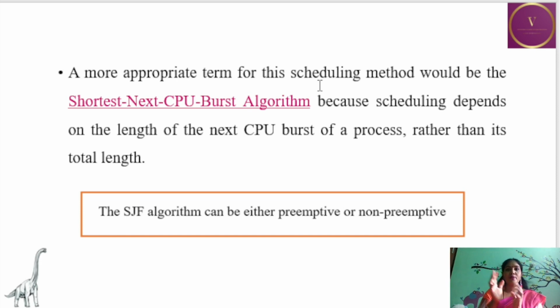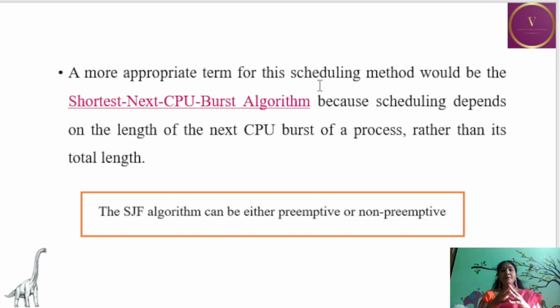So the more appropriate name for the SJF scheduling algorithm would be the shortest next CPU burst algorithm. But in all the books and in all the places, this algorithm is referred to as the shortest job first scheduling algorithm. It would be more appropriate if we say shortest next CPU burst algorithm. This is what we have to understand.